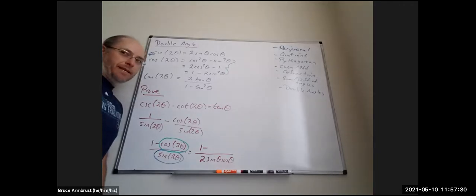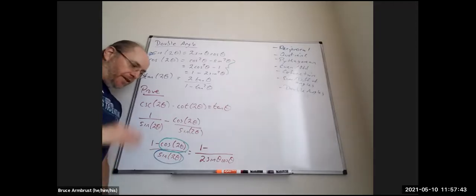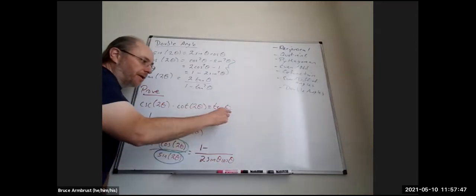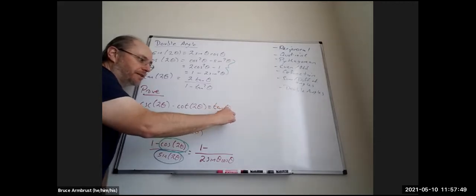But I want to be lazy. I want to spot the one that's going to be most useful, the one that's going to save me the most time, so I won't have to go and do other things. So let's take a look at where we're going. We are heading towards tangent.